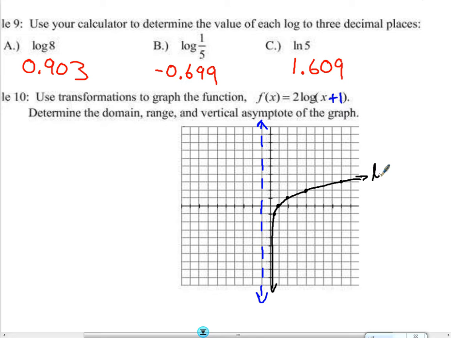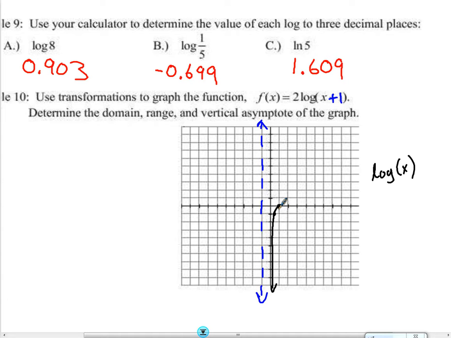Oh no, wait, this is log base 10, isn't it? You guys didn't catch me. Log base 10, right? So it's not based off the 2 system. When I take the log base 10 of x, it's still going to have 1, 0, but then when I go up to 10, it gets big fast.